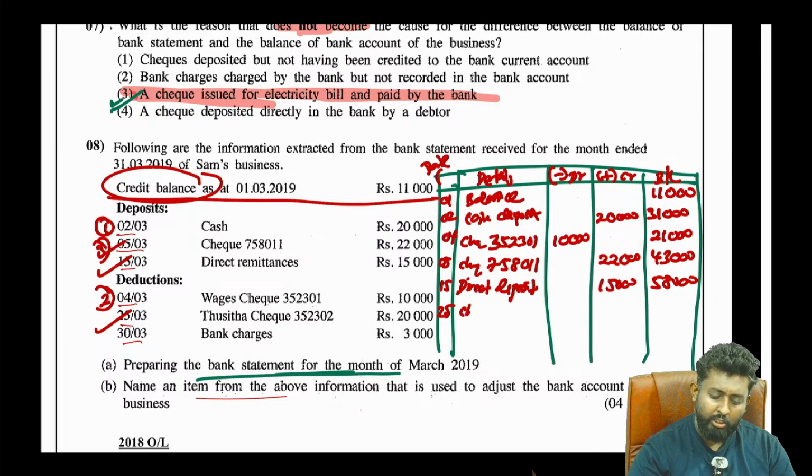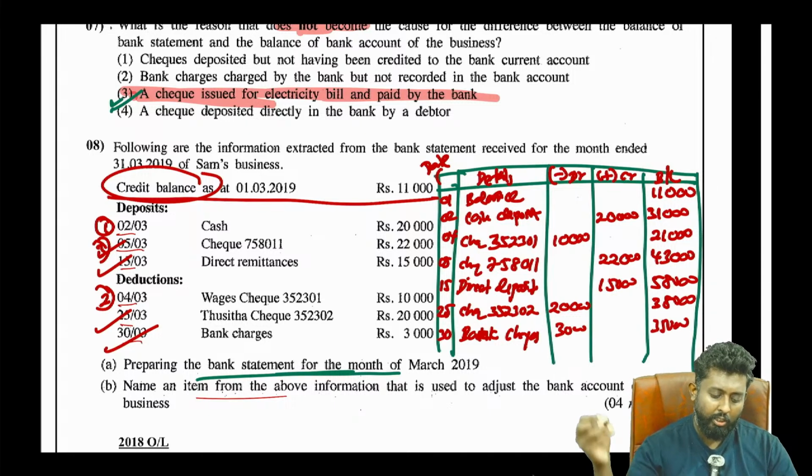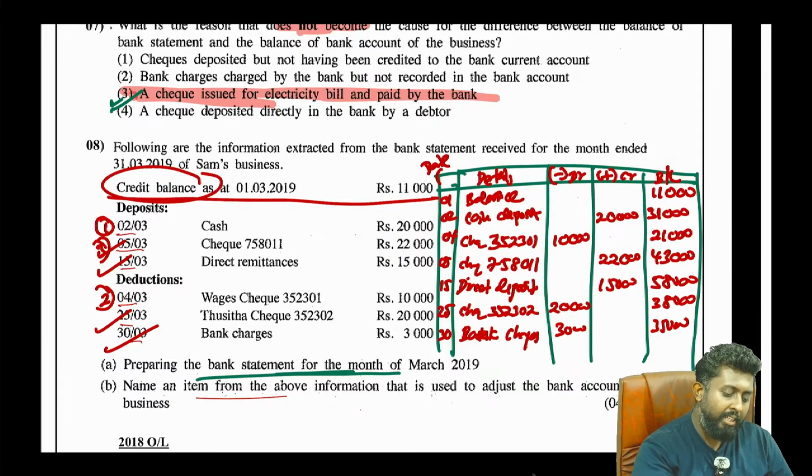You can write Tusita's name also, or the check number 352302. You have to minus 20,000. So it will give you 38,000. And finally on the 30th, bank charges 3,000, giving 35,000. So this is how they ask you to prepare the bank statement.